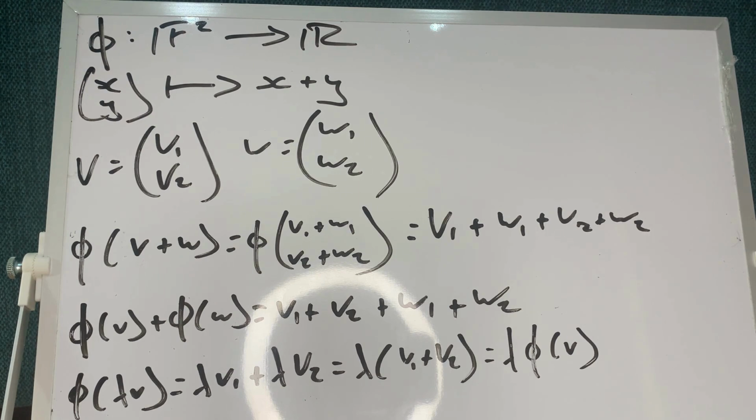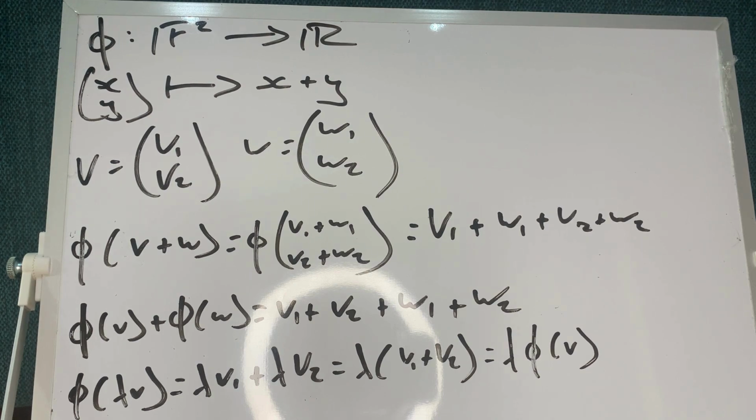And so if that's a linear map, that should equal the line below, which is phi of v plus phi of w. And so phi of v is v1 plus v2. Phi of w is w1 plus w2. You add them together, you're going to get exactly what you got on the top, just in a different order, but that doesn't matter. So we proved in this case, so step one is done.